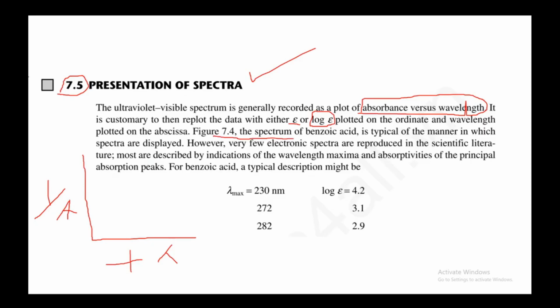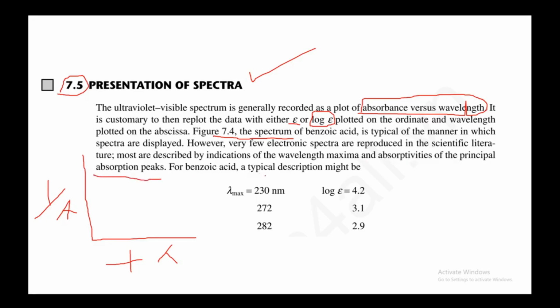However, very few electronic spectra are reproduced in the scientific literature. Most are described by indications of the wavelength maxima and absorptivities of the principal absorption peaks.